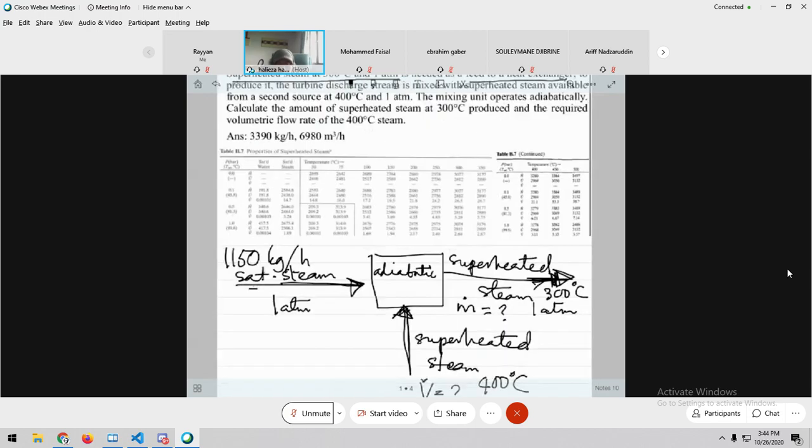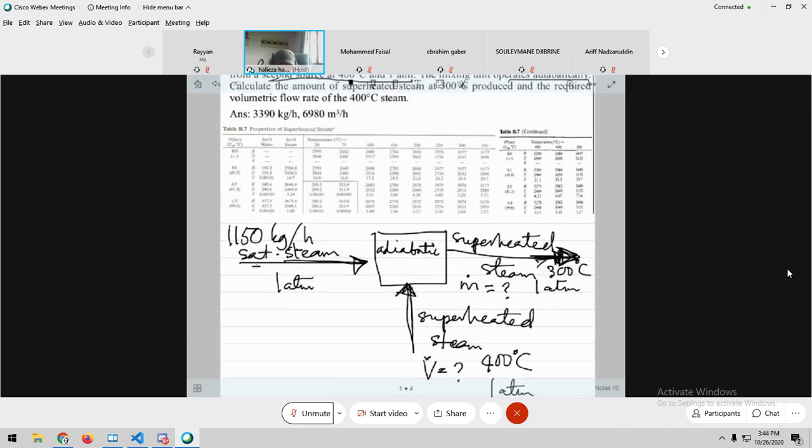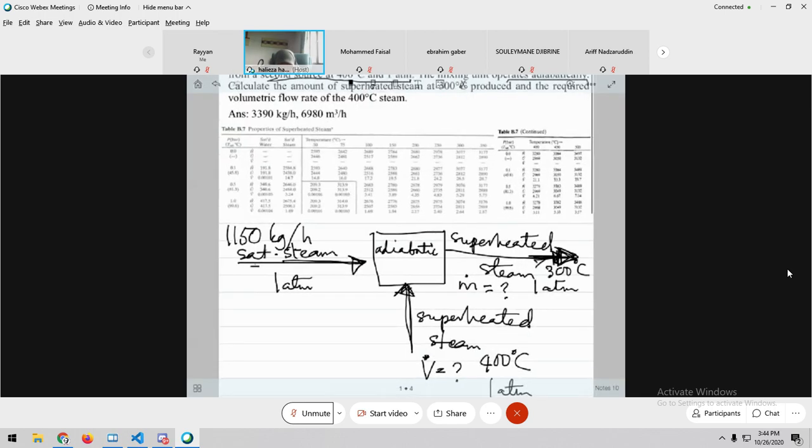Let's have a look at the question. The mixing unit is adiabatic. You're going to mix it with the one from the turbine, saturated steam, and it's done adiabatically. Now, what is the amount of the steam produced and the volumetric flow rate of the superheated steam?